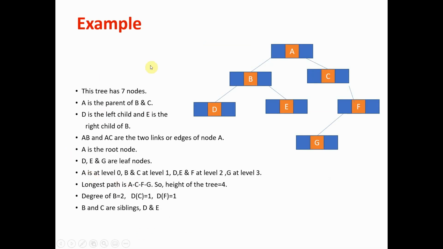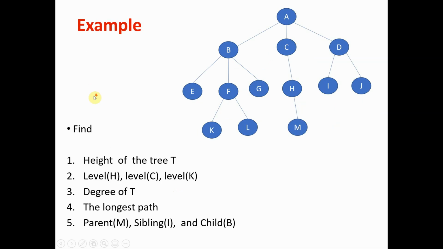So this is an example so that you go through the different terminologies that we saw in this lecture. The nodes, the number of nodes, the parent-child relationship, left, right children, the edges or lengths, the root node, the leaf nodes or external nodes, level, height, the longest path, degree, and the siblings. So please go through these examples that I have in the slides.